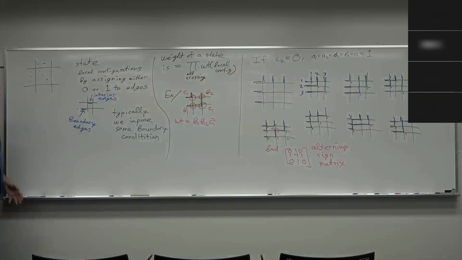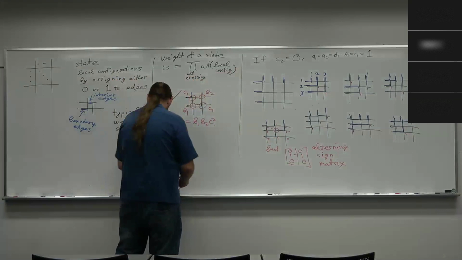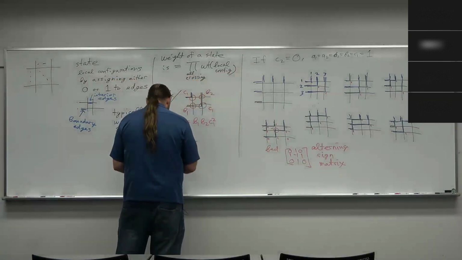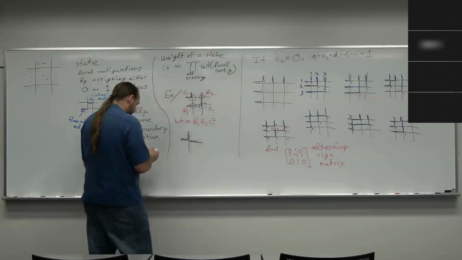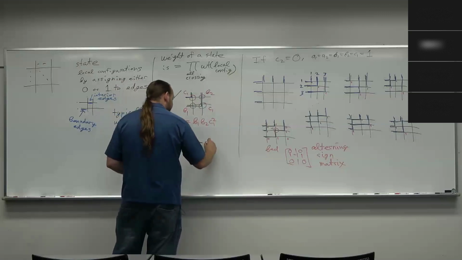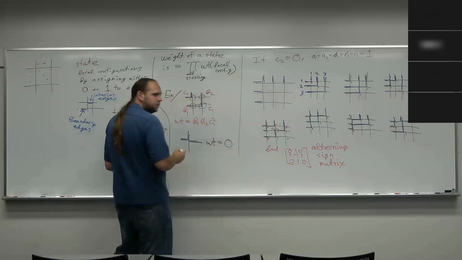And I could generalize this to look at every possible one of those 16 local configurations that I get to fill that 4x4 matrix. And like I said, most of them are 0. So if I have a state, a local configuration that looks something like this, I can say the weight of this is 0.